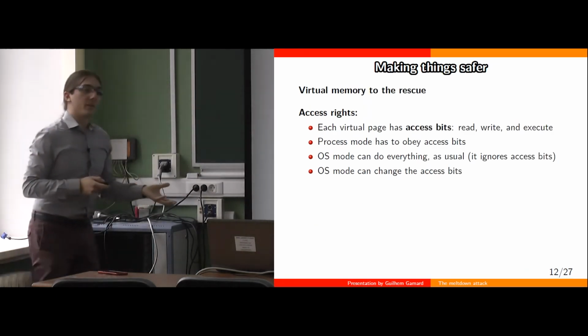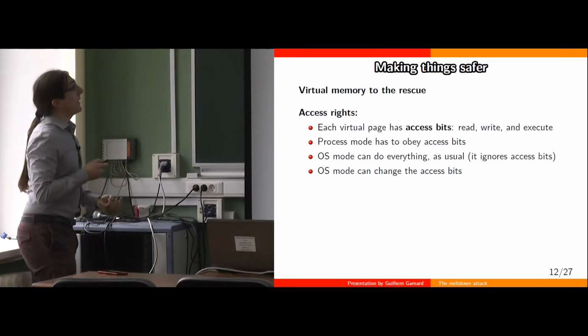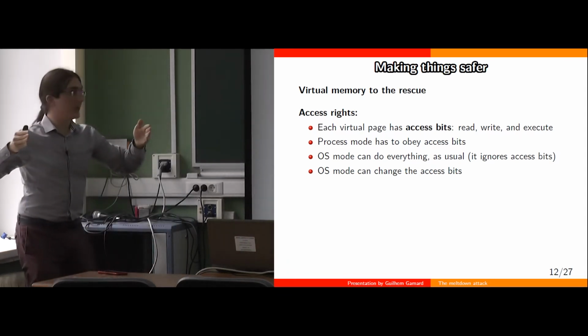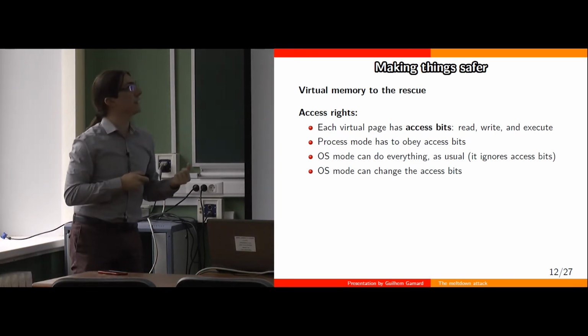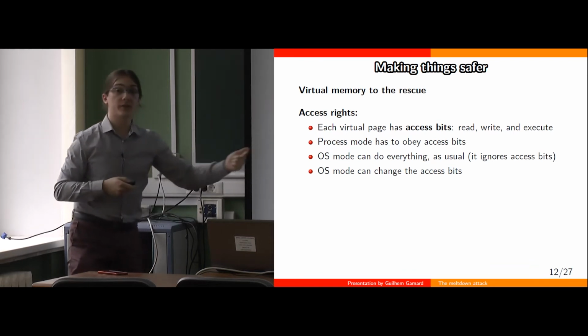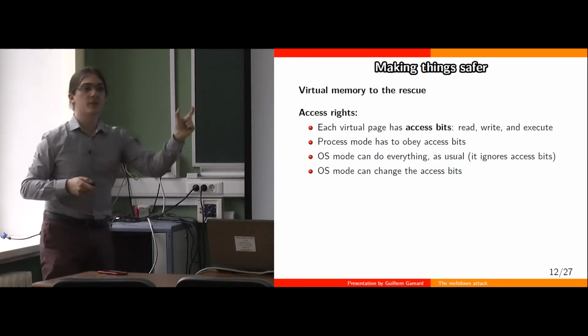And virtual memory offers features to make this safe. Virtual memory offers access rights. So each page of virtual memory, roughly, has access bits. It has one bit describing whether you're allowed to read in it or not, whether you're allowed to write in it or not, and whether you are allowed to execute code that is stored in it or not.